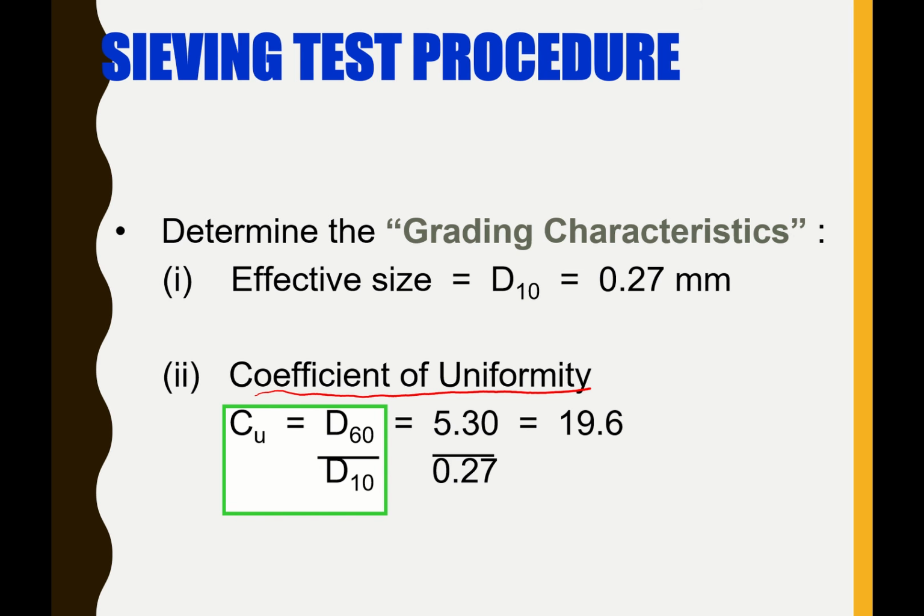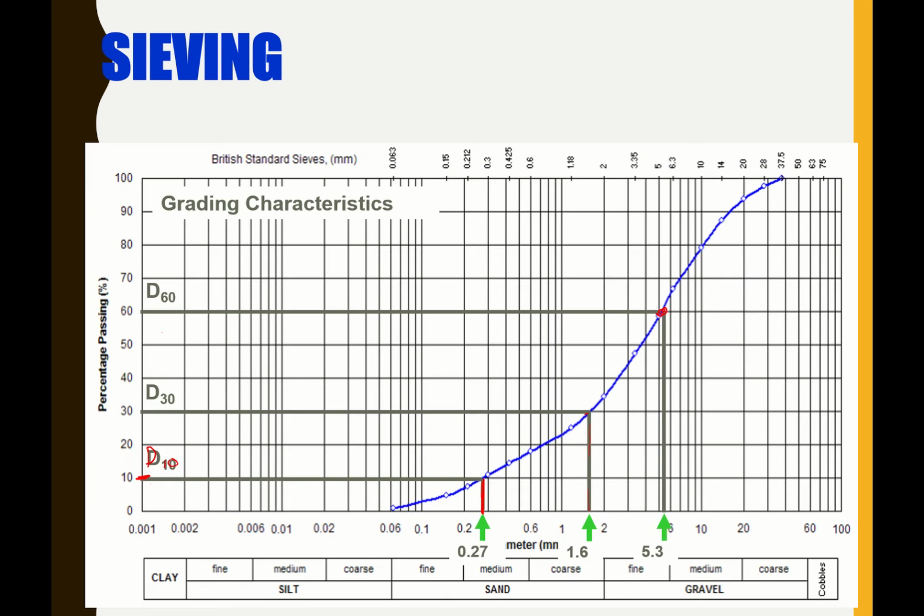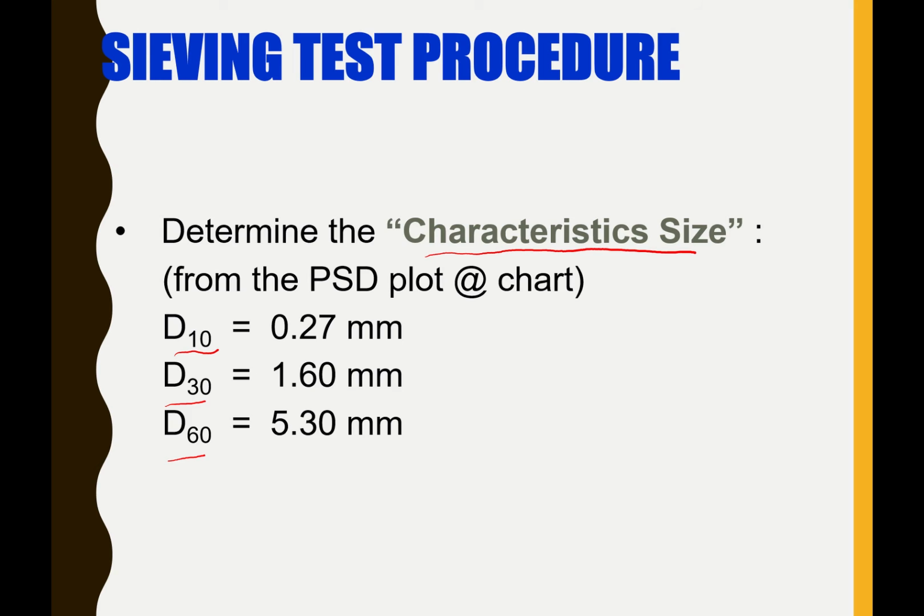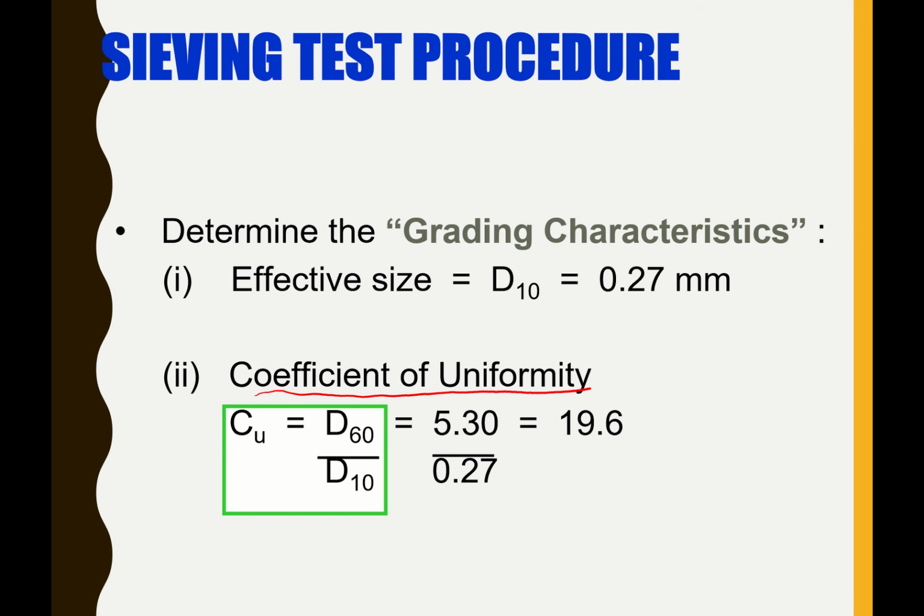The equation you need to use is Cu = D60 / D10. We already jotted down all the values, so replace the values and calculate. You get Cu equal to 19.6. That is how to calculate the coefficient of uniformity.